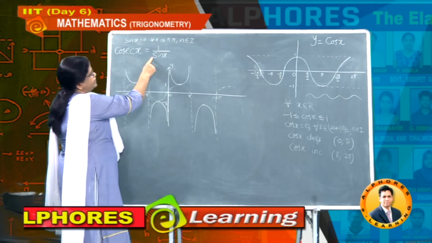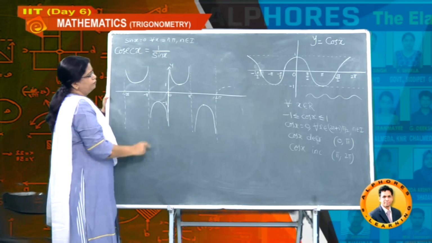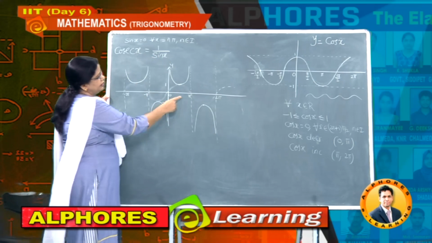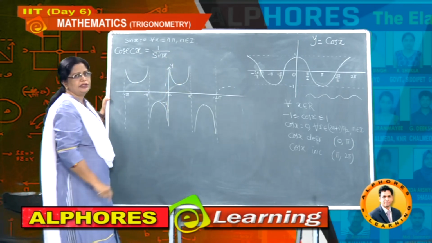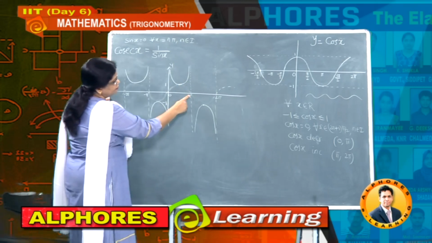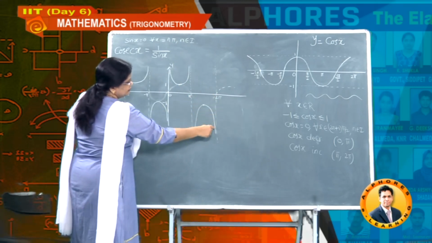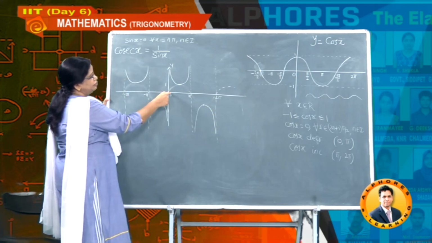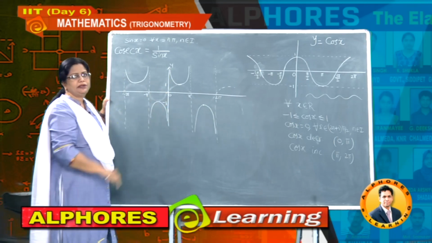Next, suppose I take the x value as pi minus, just less than pi, then how are the y values? They are going upwards again. Again here pi plus is minus infinity, 2 pi minus is minus infinity, and like this, 0 plus is plus infinity, 0 minus is minus infinity.